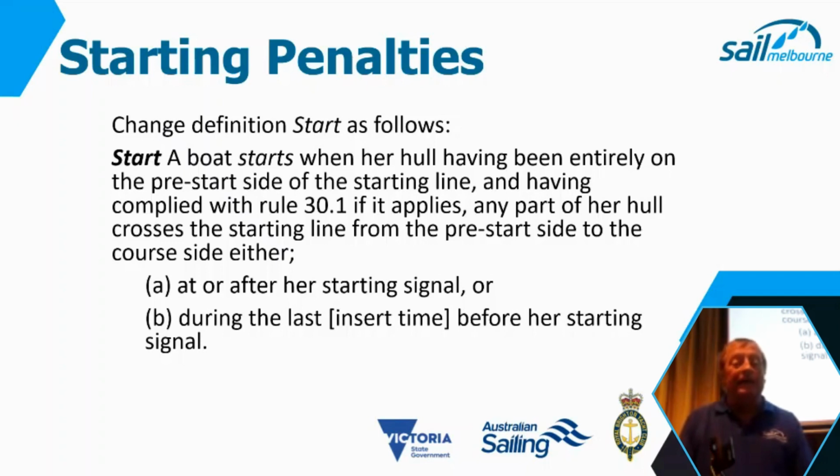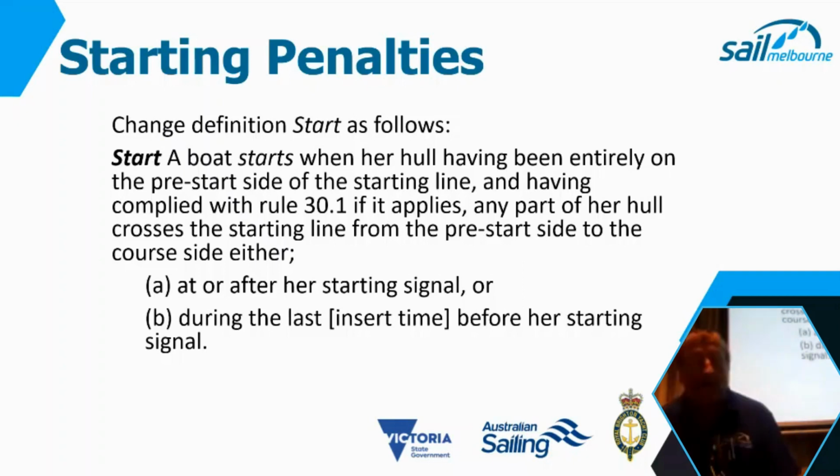So World Sailing have got an alteration to the alternative starting penalties, and they've listed it under regulation 28.1.5. They've agreed that there is a change for our starting. They can't change the definition of the start.